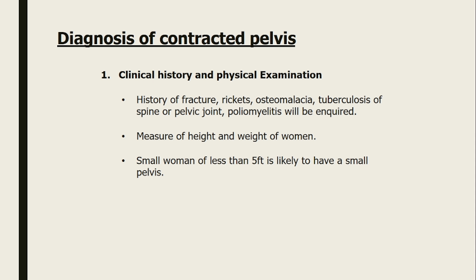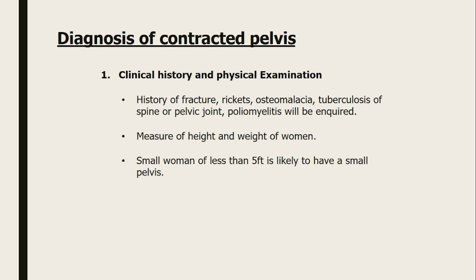And even without taking history, you might actually observe a poliomyelitic patient. You can see them, it's obvious. Rickets also, you can easily make a diagnosis. Even the way the woman walks, the gait of the patient may give out that diagnosis.